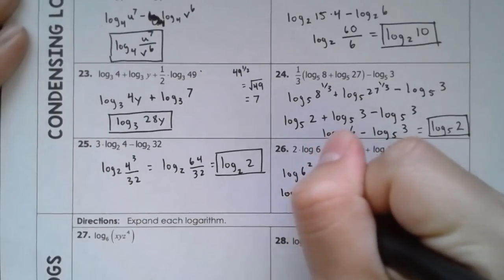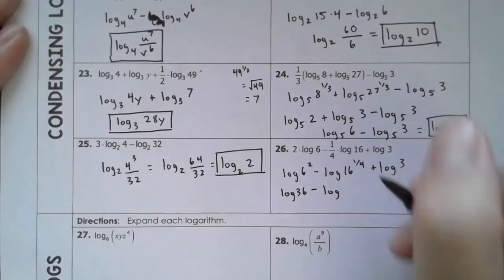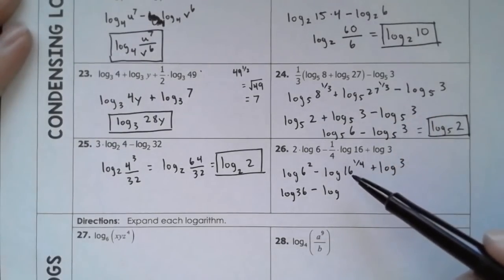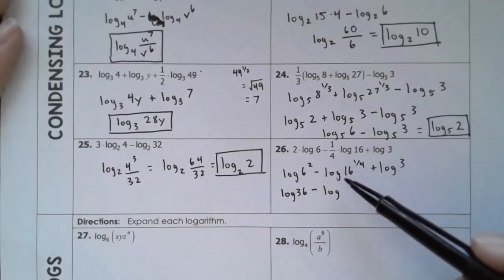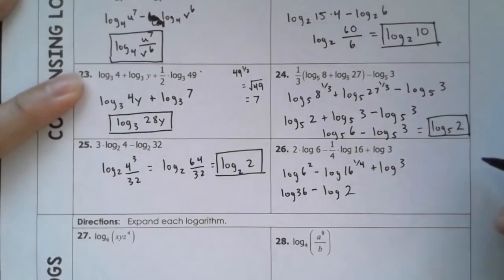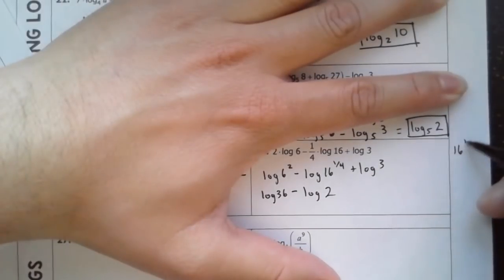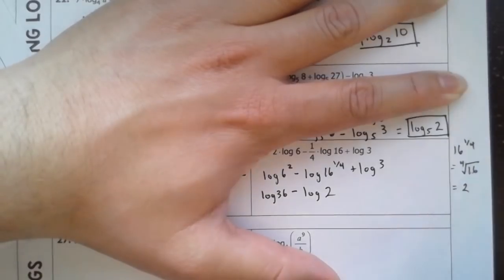This is log of 36 minus log of 16 to the 1/4, and again this is the 4th root of 16. The 4th root of 16 can be rewritten as 2, because 2 to the 4th is 16. So we can make that note here, maybe on the side. 16 to the 1/4 is equivalent to the 4th root of 16, and that's equal to 2.